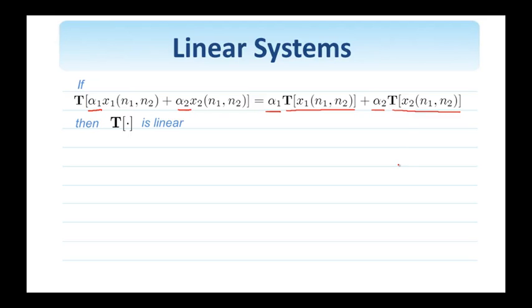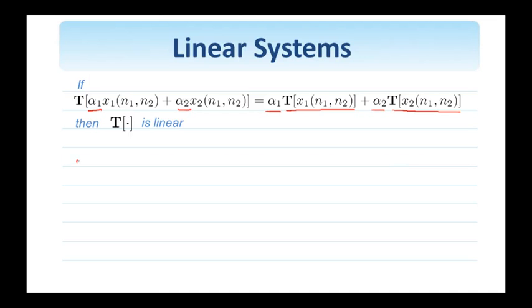This is clearly a very useful property because in many applications I have to process the weighted sum of individual images, and it might be easier to process each image individually and add up the responses. Or looking at it the reverse way, in some sense, I can take any signal and decompose it into simpler signals, simpler images, which then I process individually, and again I add up the individual responses.